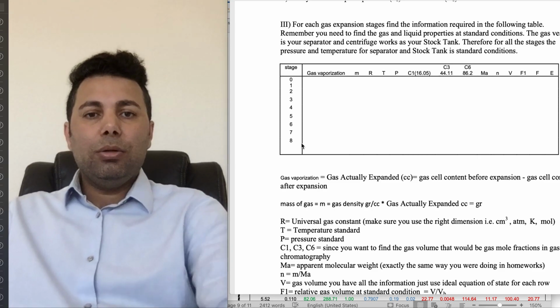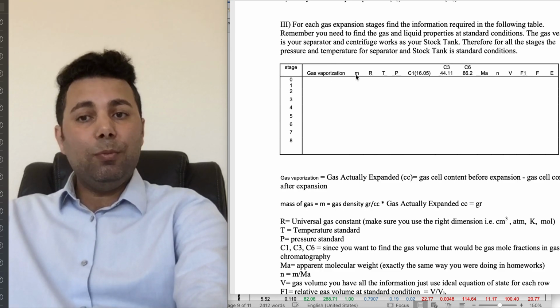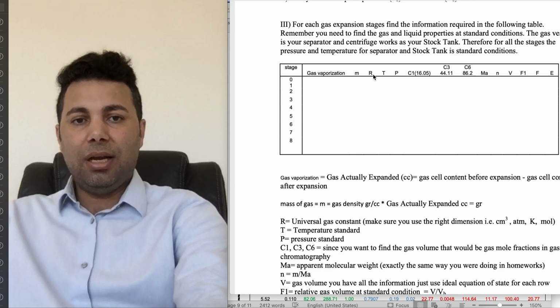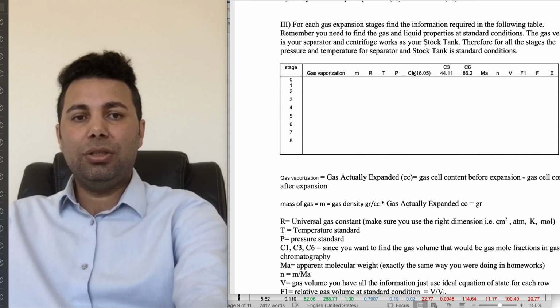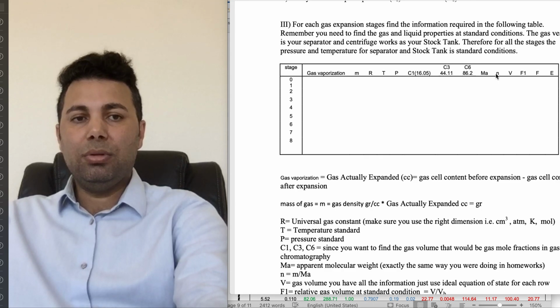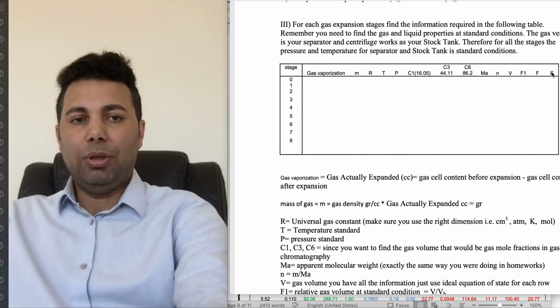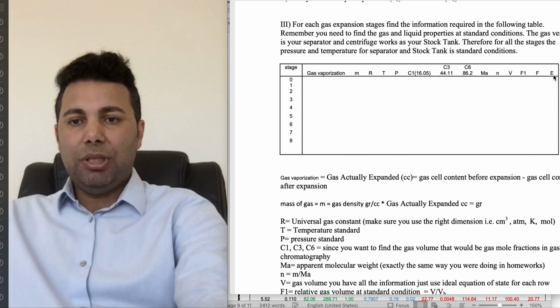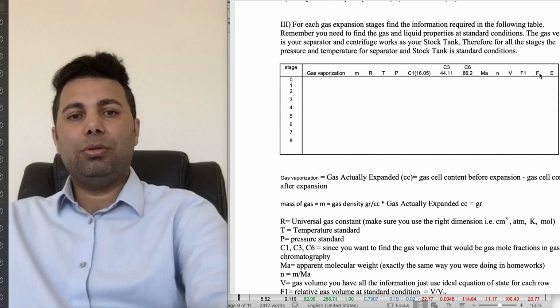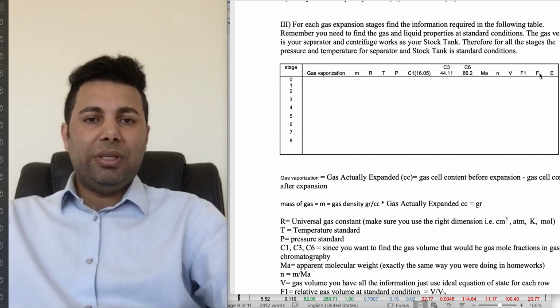And in this table, you need to find your gas vaporization, M, which is your mass, R, universal gas constant, T, temperature, P, pressure, methane, propane, and hexane concentrations, apparent molecular weight, moles, number of moles, volume, F1, capital F, and capital E. We are going to use the capital E to calculate our BG, we use capital F to calculate our RS, and also we are going to use the CBF to calculate our BO, which I will go over. So how to generate this table?